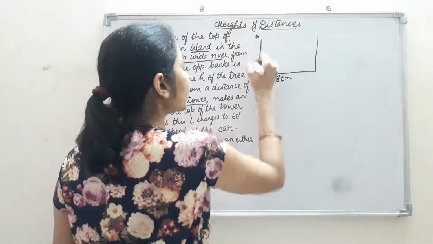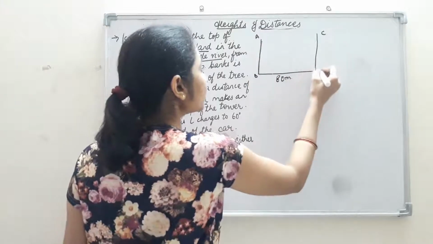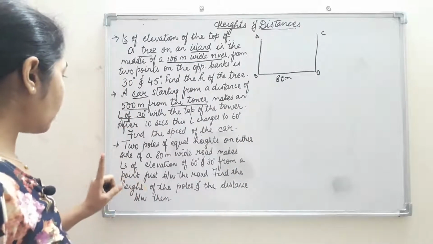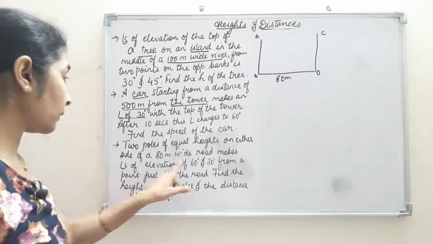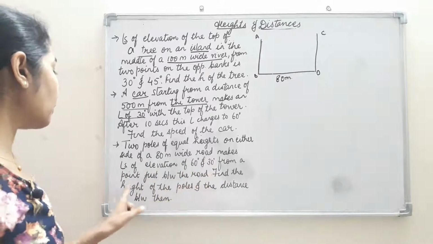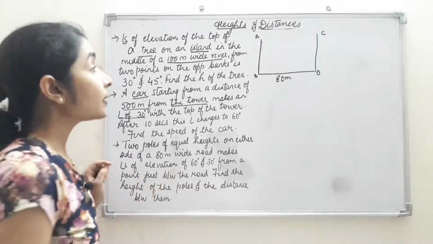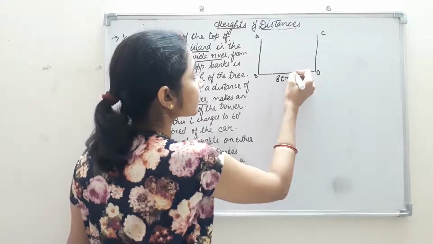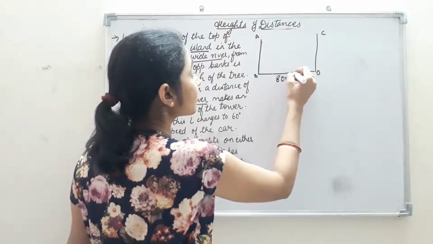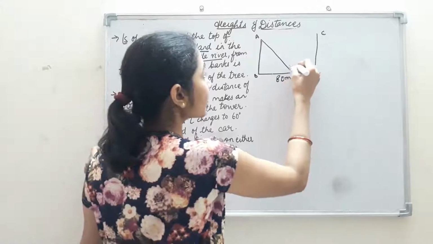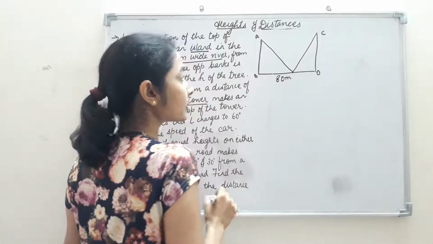So let AB and CD be two poles. We are not given the height of the poles. The poles make angles of elevation of 60 degrees and 30 degrees from a point somewhere between them on the road. One makes an angle of 60 degrees, the other makes an angle of 30 degrees.